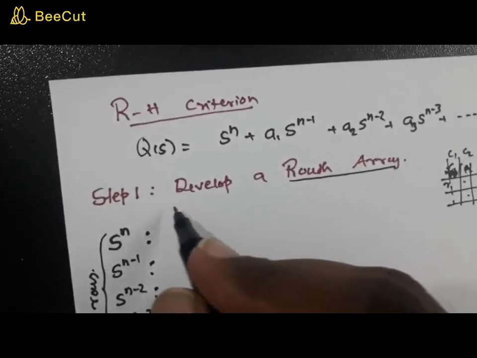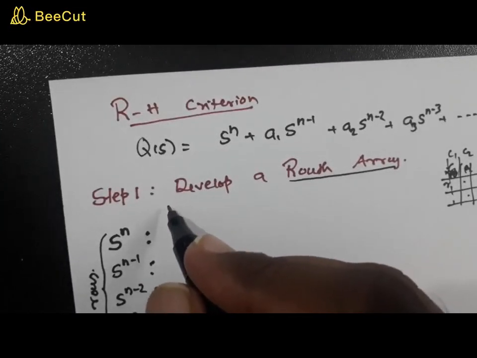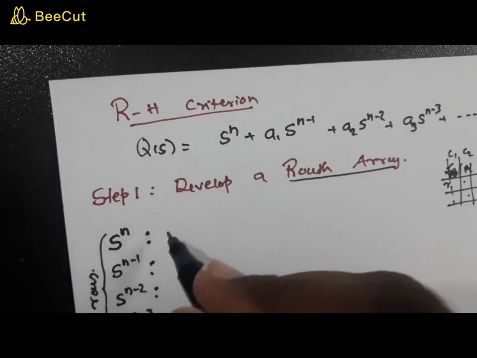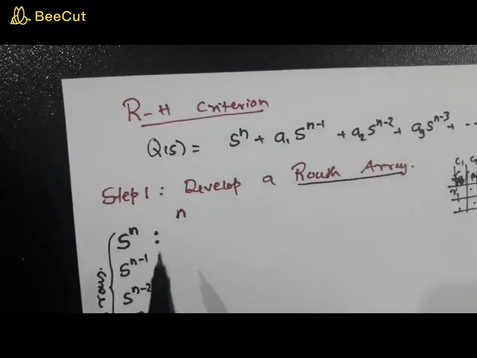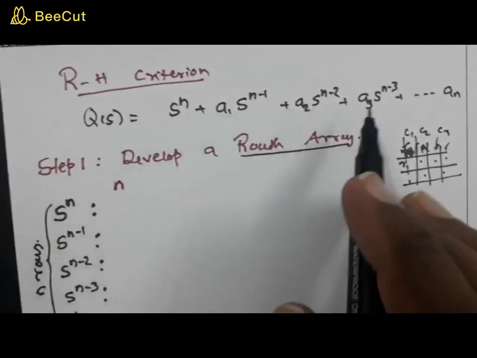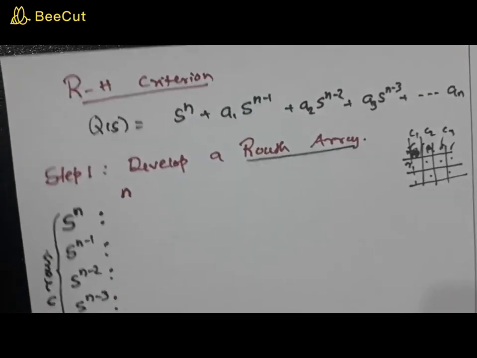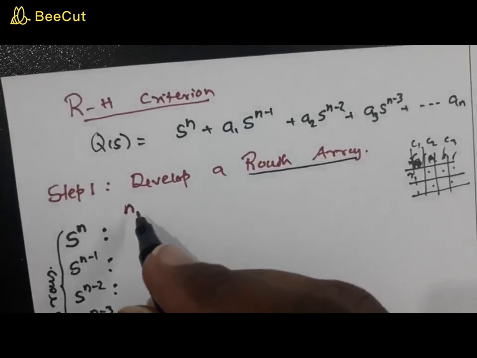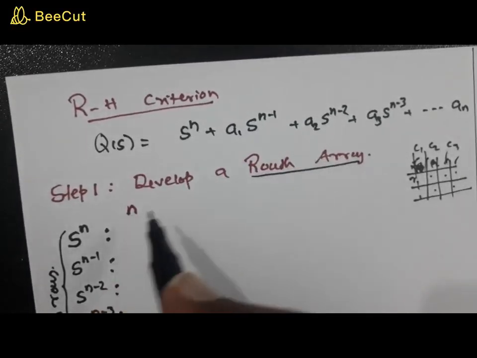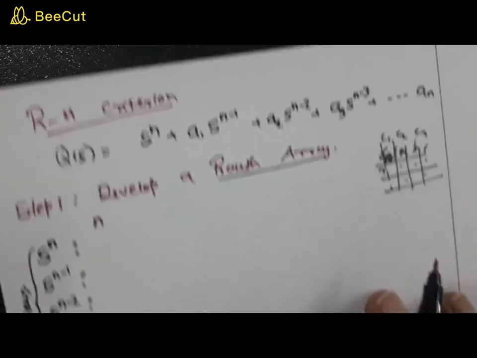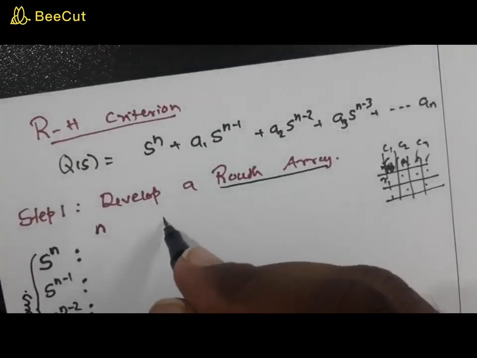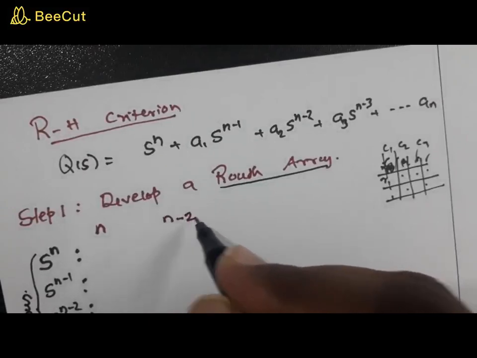And now coming to the columns. How to form the columns? The columns are formed by writing the corresponding coefficients. In the first column you need to write the coefficient of s raised to n. In the second column you write the coefficient of n minus 2.